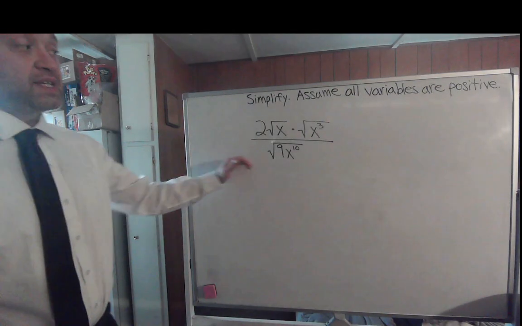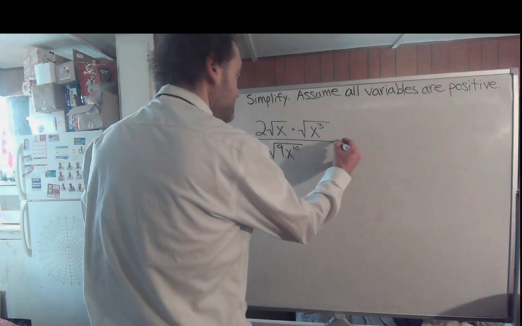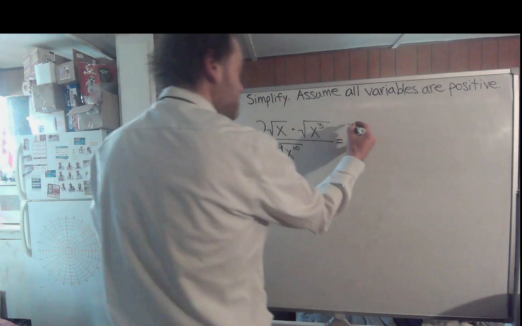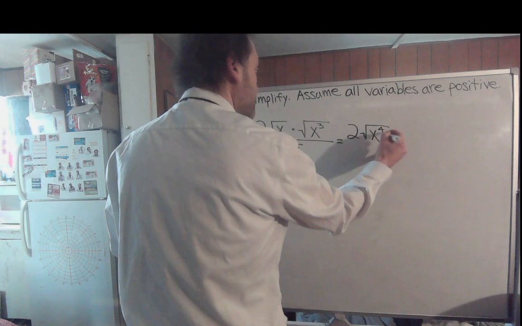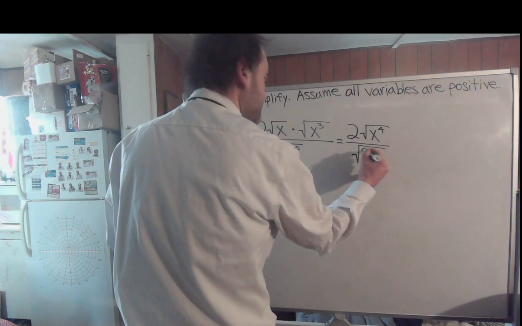Well, all these have the same root, so you can just multiply the bases. So 1 plus 3 is 4. This would turn into 2 times the square root of x to the fourth, all over still the square root of 9x to the 10th.